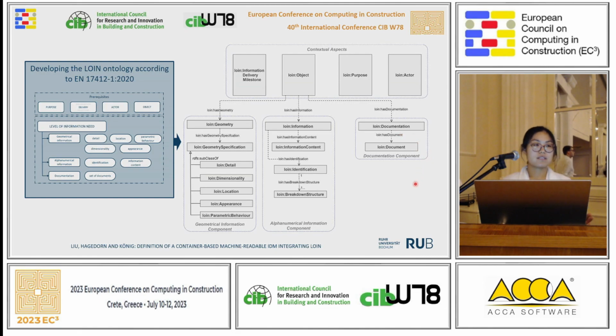So after this step, we can say that the terms of the alphanumerical information are very simple. But this kind of information is most important for a precise description of building and structure status, and is also mostly required by a data exchange.